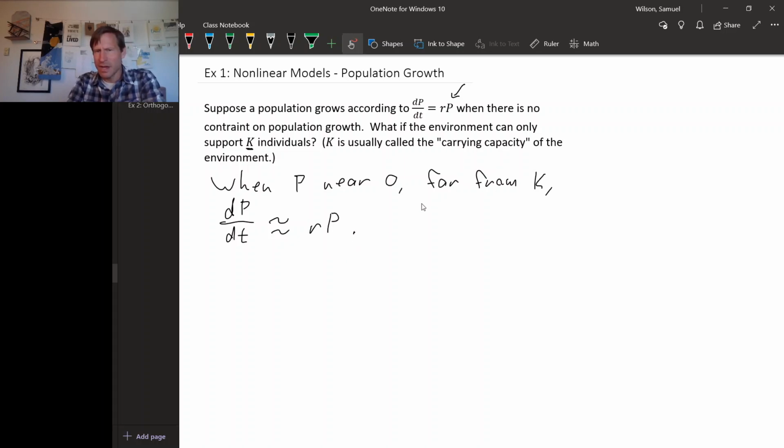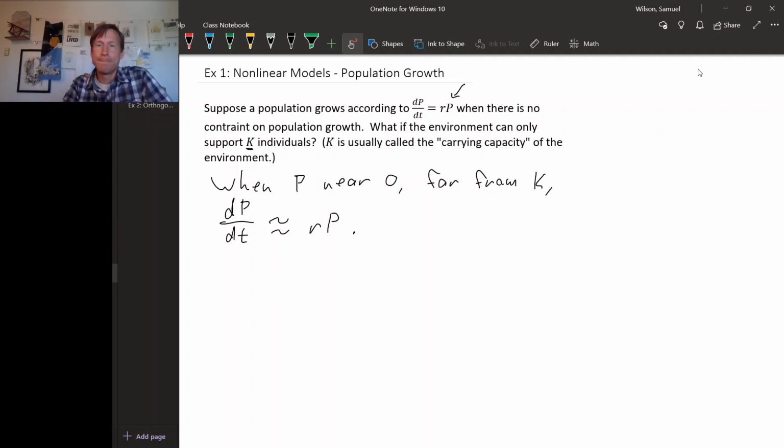Because if we're far from the carrying capacity, then it's as if there's not really anything limiting the growth of the population yet. And so the population growth should look like our original differential equation. So with this in mind, let's see what we can do.